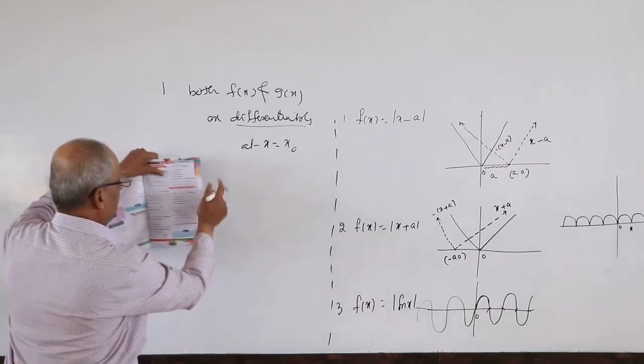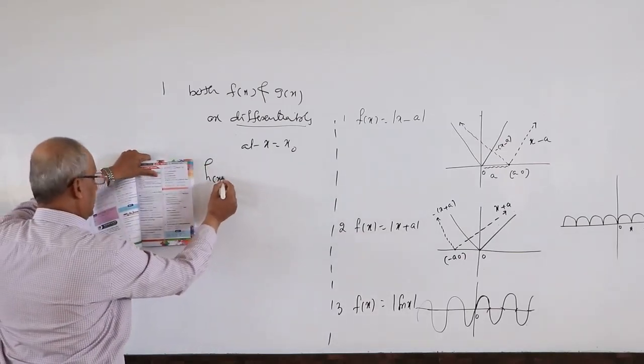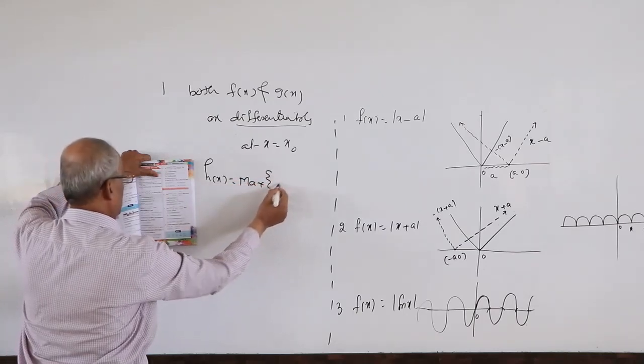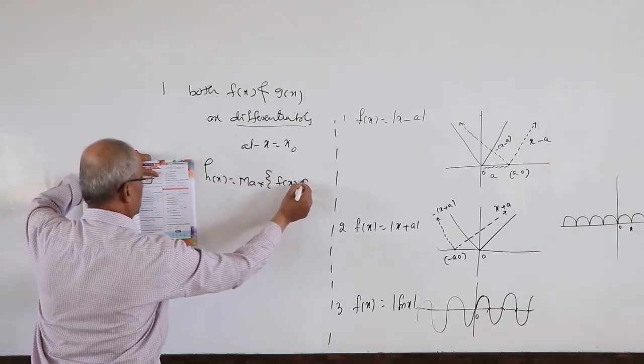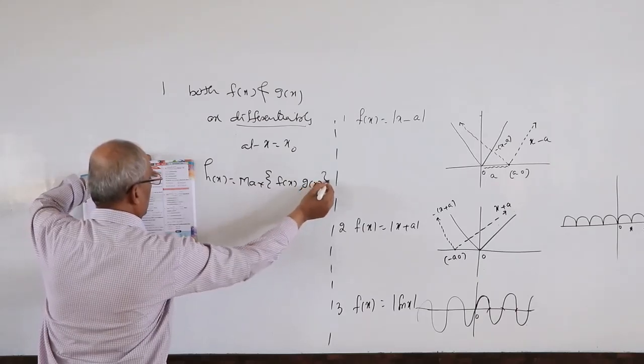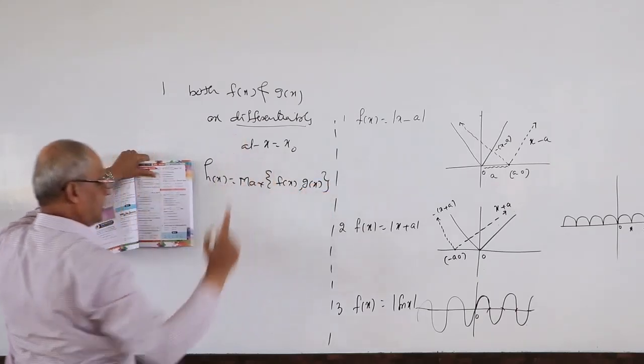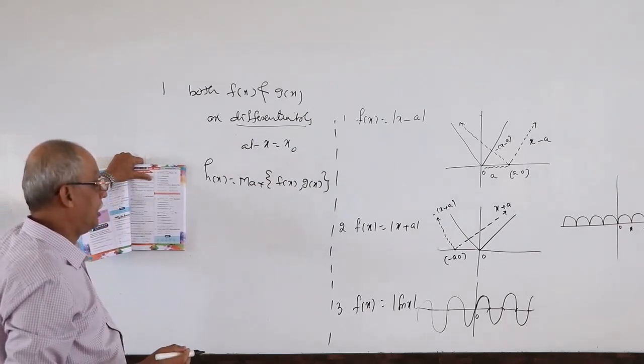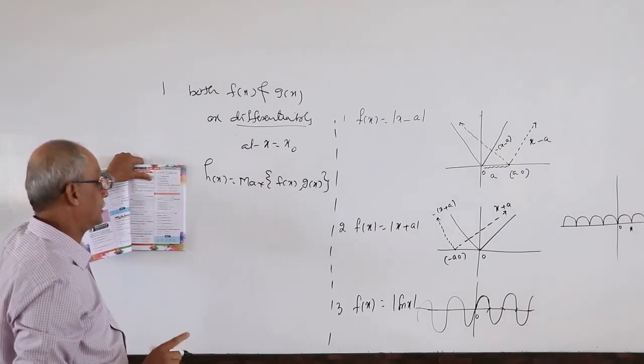h of x is a function defined as maximum of f(x), g(x). There are two curves. Earlier also we did one problem with the minimum in limits and continuity, minimum of f of x with g of x, like that.